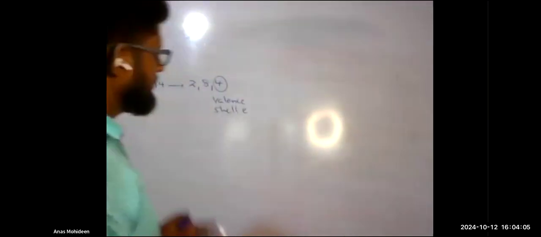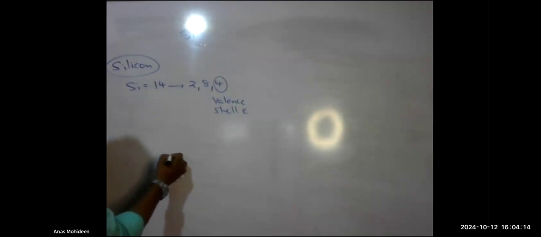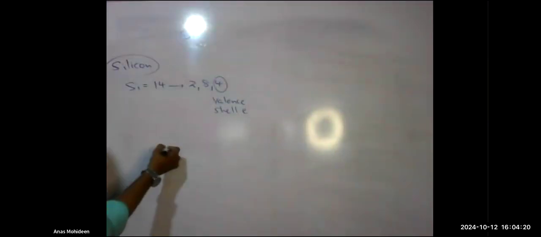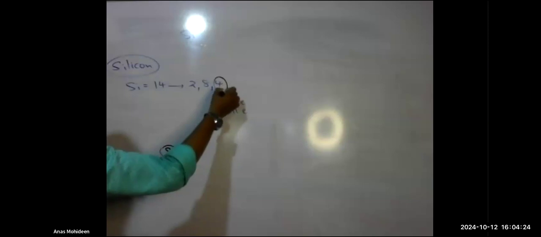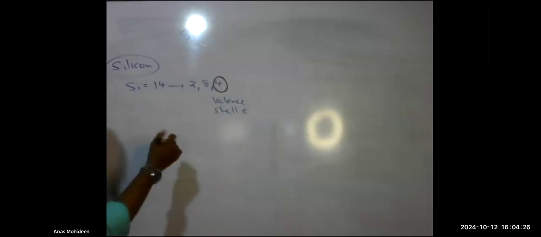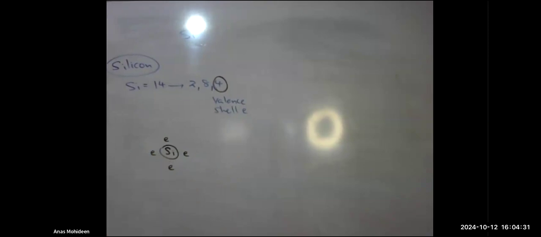So because of this, what it does when you take only silicon material? Look at this silicon. Only 4 electrons are there in the outermost shell, right? 1, 2, 3, 4.